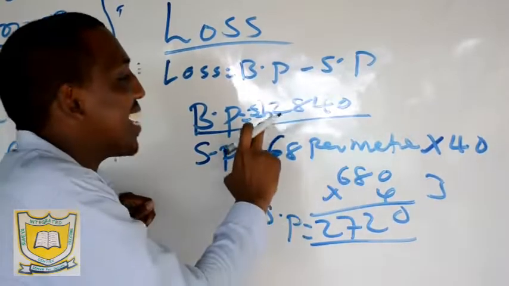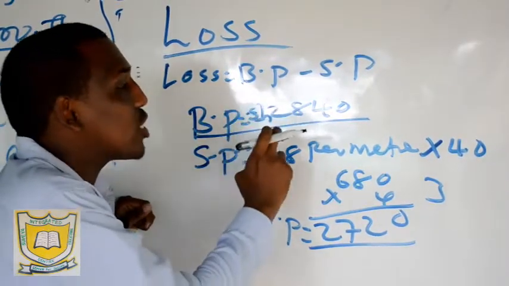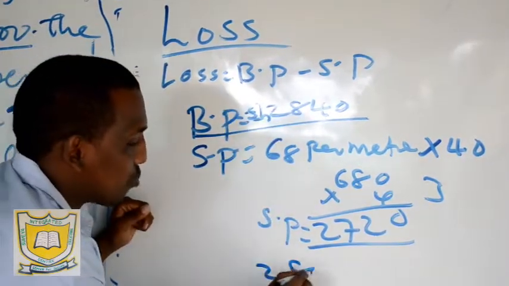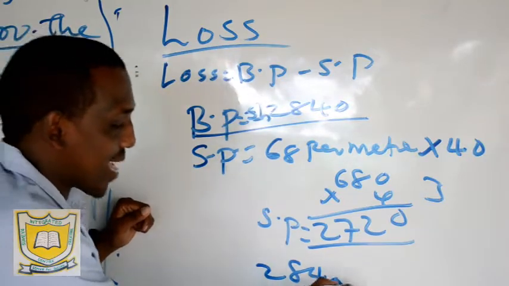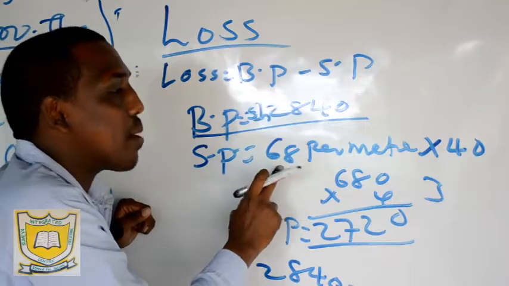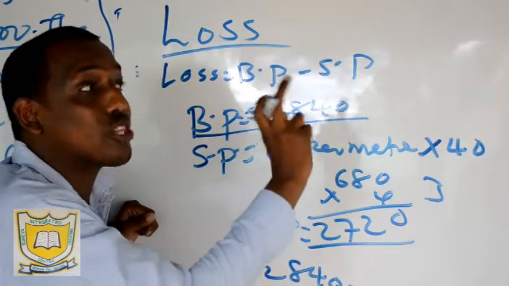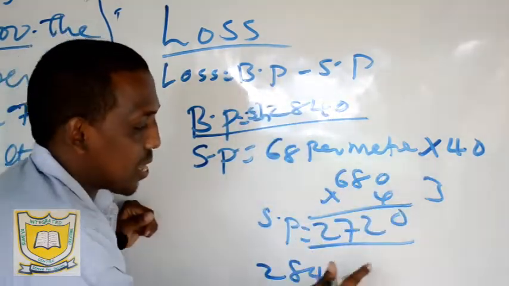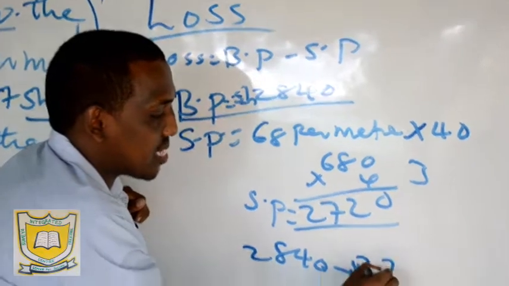We don't multiply by 'for', but we multiply with 'at' and 'per' or 'each'. So the buying price is 28.40, minus the selling price. She sold at shillings 68 per meter, and they were 40 meters, so you multiply to get 27.20.